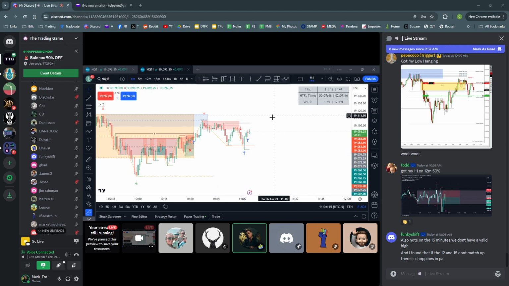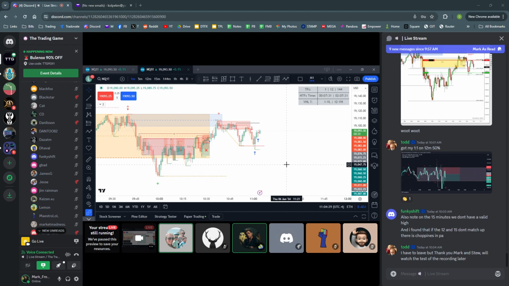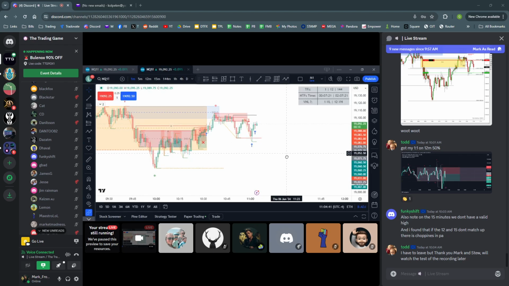So how do you get involved now? If you see the double bottom, do you wait for a pullback into something to try to go long, or do you just watch it? I'd watch it go. 12 minutes bearish, 1 minute's bearish still. Even though we're putting in these higher highs and higher lows, structurally we're still bearish.